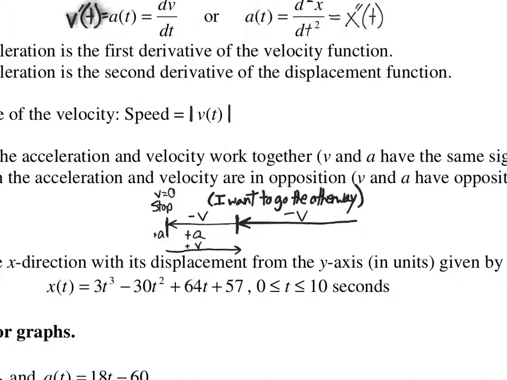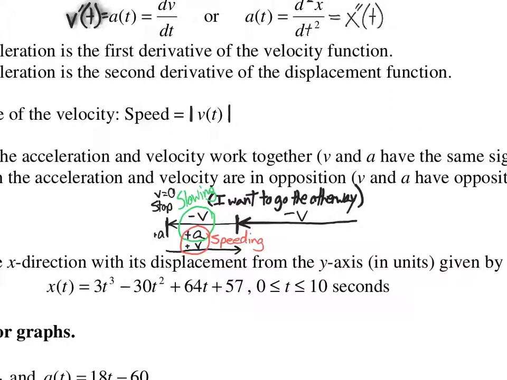So that dog, once he saw the other dog and decided he wanted to go the other way and started trying, he was slowing down. Once he was able to stop and actually change directions and start moving in the direction he wanted to go, he started speeding up. Slowing down and speeding up has absolutely nothing to do with which direction you're actually going.